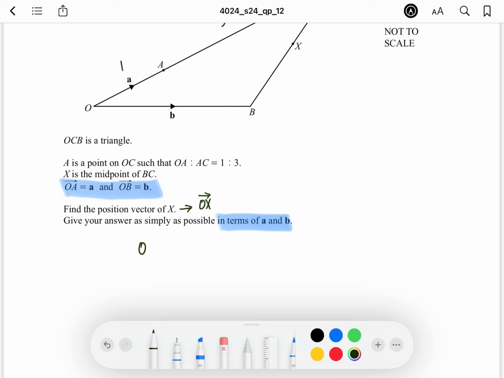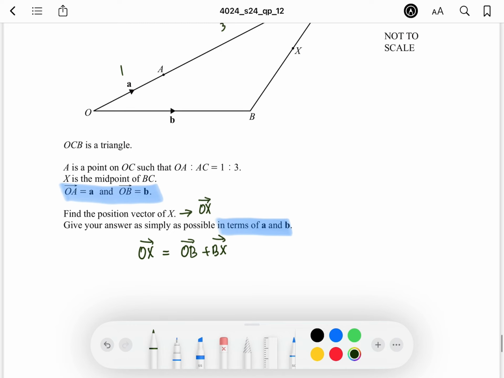Alright. So, to find OX, we add OB and BX. Let's try first. OB plus BX. Remember? Head to tail. The middle must be the same. That's how your addition works. Do we have OB? Yes, that's vector B. Do we have BX?